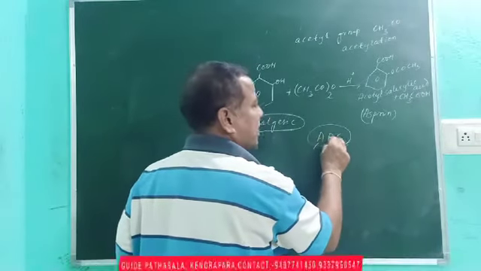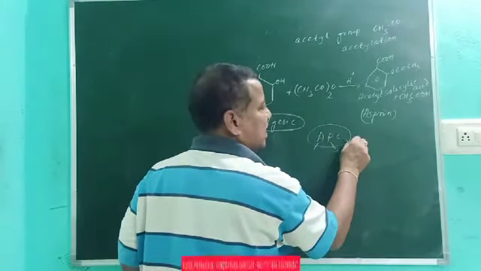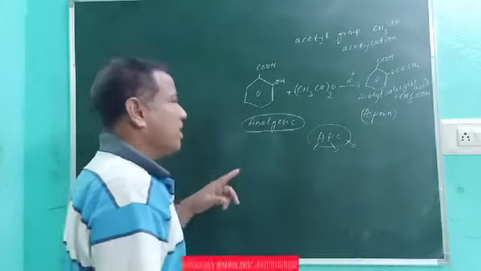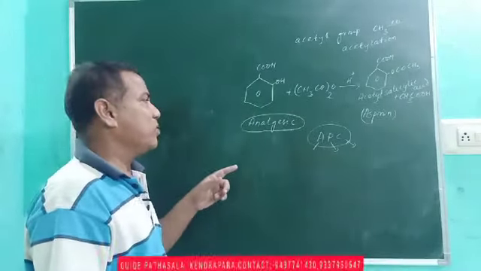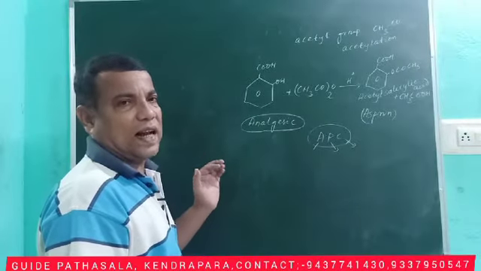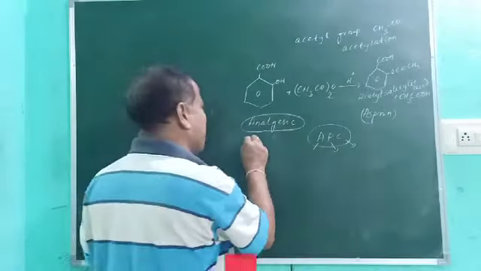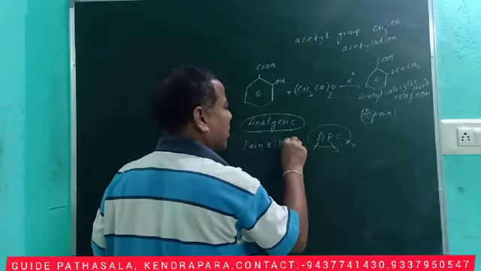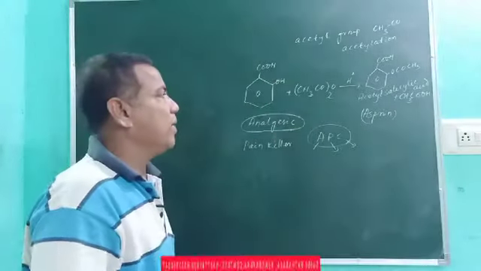In APC, A stands for aspirin, P stands for phenacetin, and C stands for caffeine. Aspirin, phenacetin and caffeine are examples of non-narcotic analgesics. Analgesic means painkiller medicine.